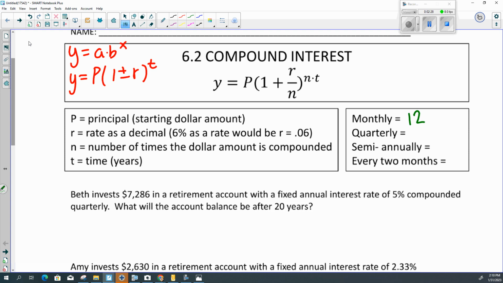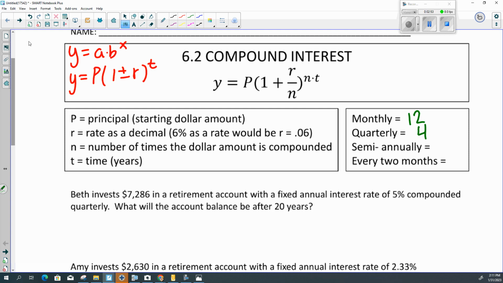What if it says quarterly? 4, like 4 quarters in a dollar, or 4 quarters in a basketball game. That would be 4 times a year.